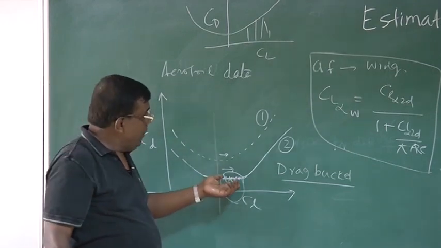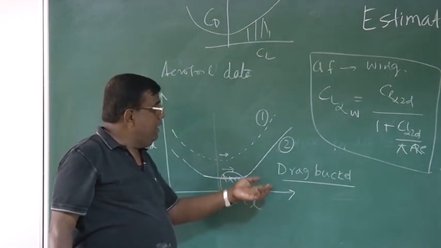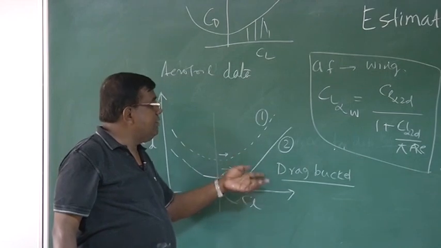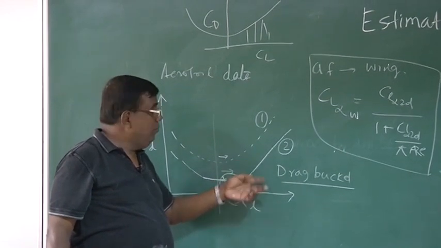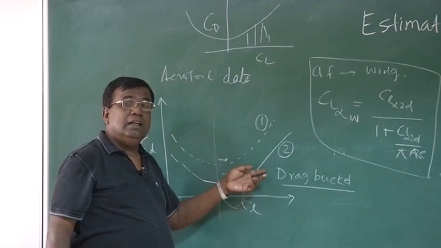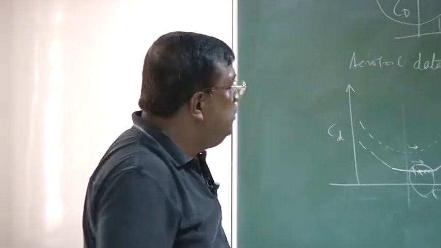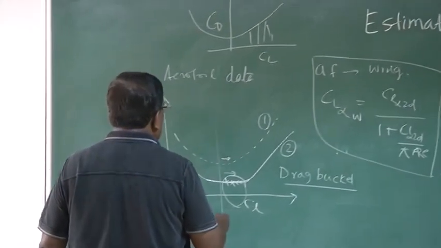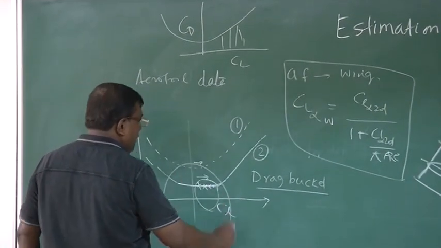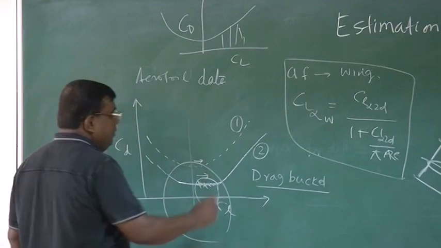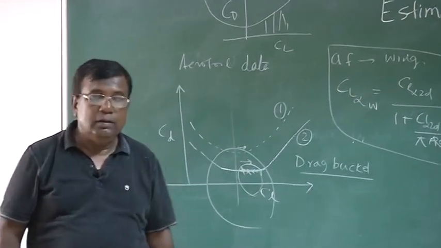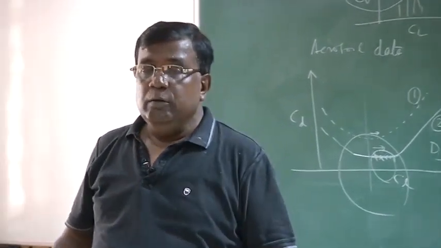But if I am flying somewhere here, then I will have unnecessary increase in CD because of increase in CL, in addition to induced drag. That is something different. So a good designer will try to select the CL so that I am operating somewhere in this drag bucket. Or if the standard aerofoil is not able to fit that requirement, then you customize your aerofoil.